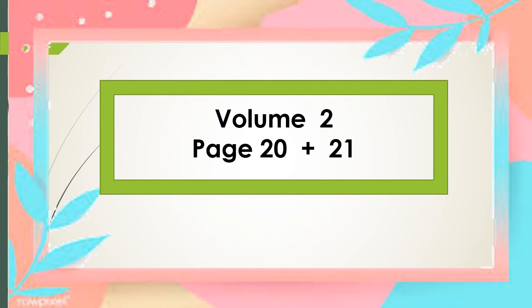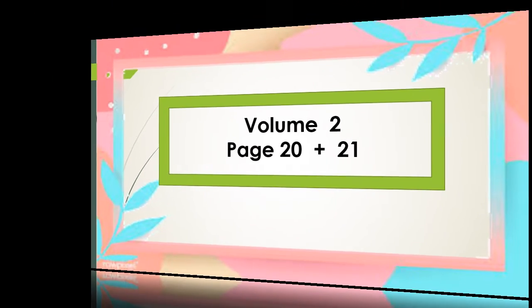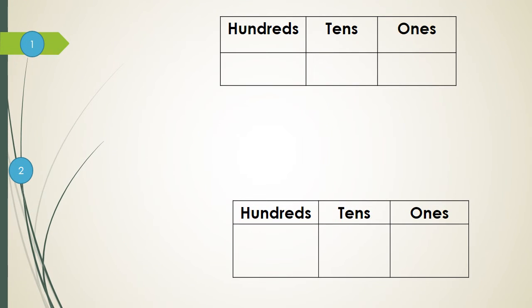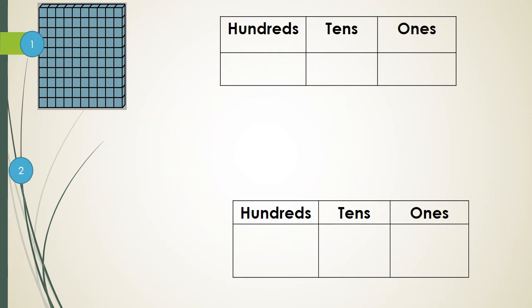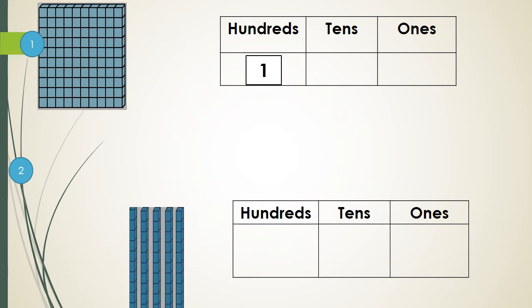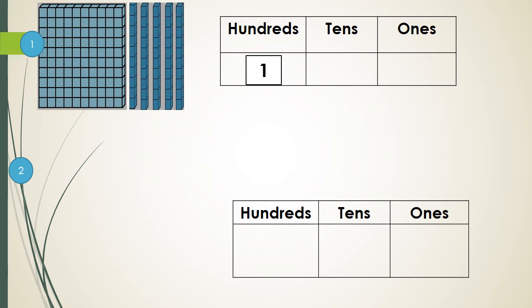Now, dear students, open your math book volume 2 on page 20 and 21. Number 1, I have 1 hundred and 5 tens.